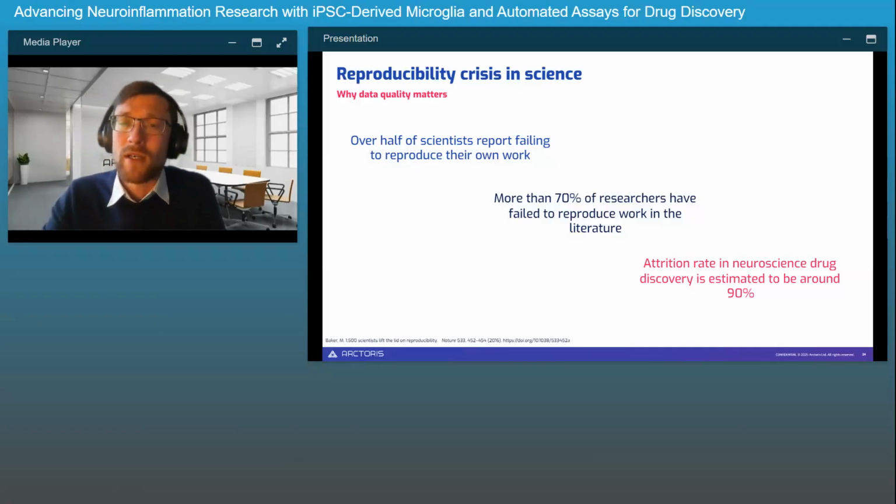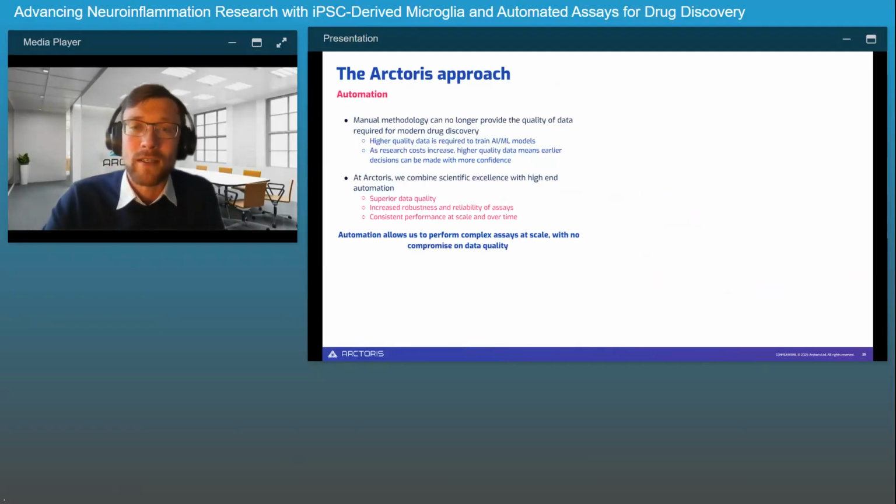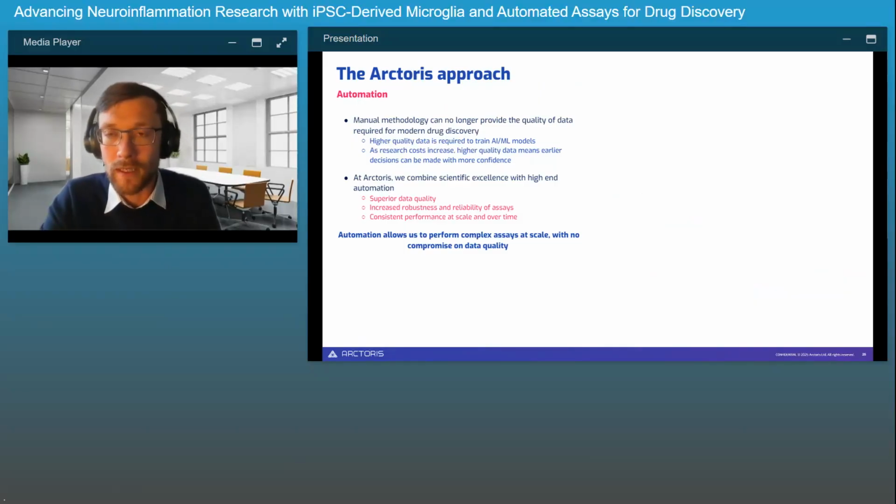So how do we go about improving this? Well, at Arctoris, we believe that automation is a key way of improving these kind of statistics. We believe that manual methodology cannot cope with the demands of modern drug discovery. We think that higher quality data is required to train AI and machine learning models.